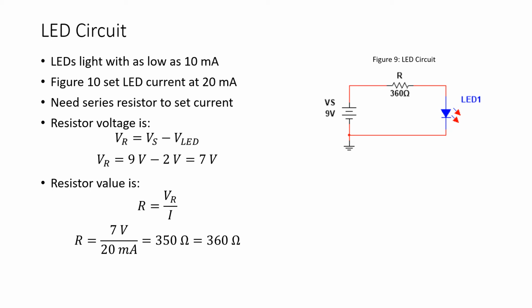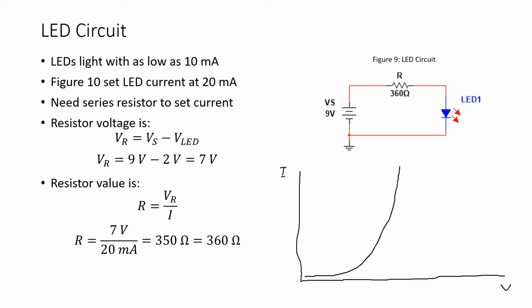Now, understand the reason for this design work. If we look at a graph that shows us current as a function of voltage through this LED, the graph will look something like this.